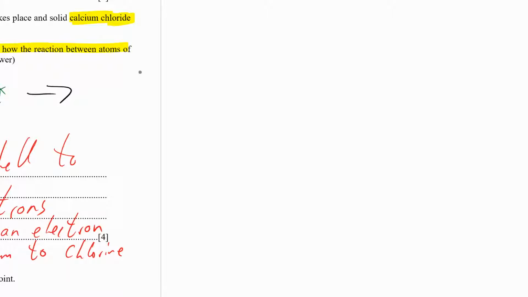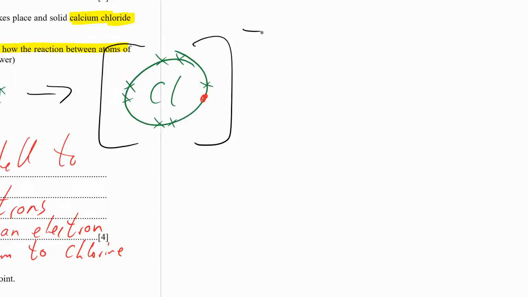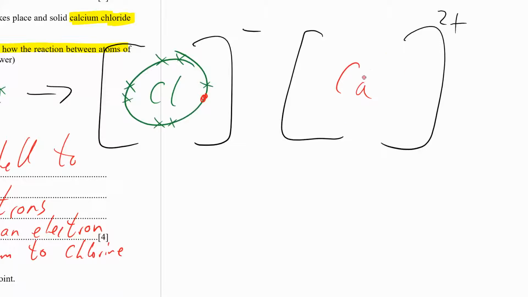with the final ions. So for this you could, let's stick with the original colors. So chlorine was green, wasn't it? So that's got 7 of its own electrons, and then it's got 1 of the calcium electrons, and because it's got an extra electron than normal, we're going to give it a negative sign. Okay, and then we're going to have a 2 positive calcium, because it's lost its 2 electrons.